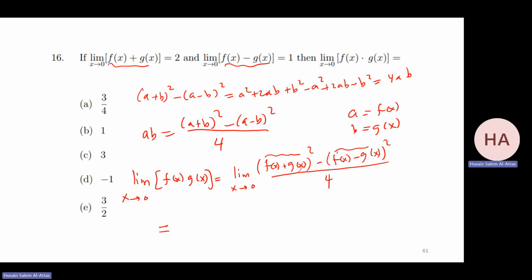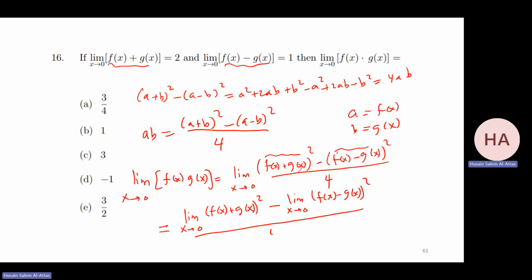So that will be limit x goes to 0 of f of x plus g of x squared minus limit x goes to 0 of f of x minus g of x all squared, over 4. Or the limit as x goes to 0, over 4, which is 4. For f of x plus g of x, the limit is 2, so I have 2 squared minus 1 squared over 4, and that's 3 over 4, which is this.